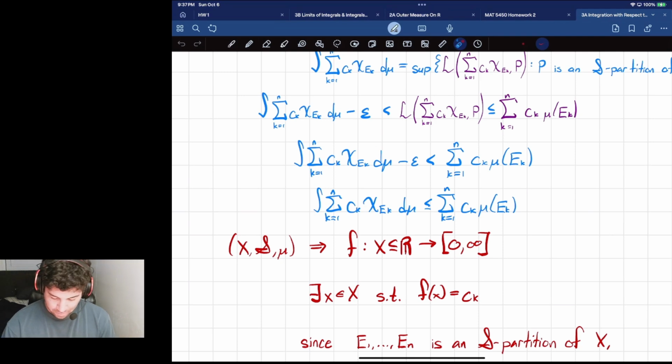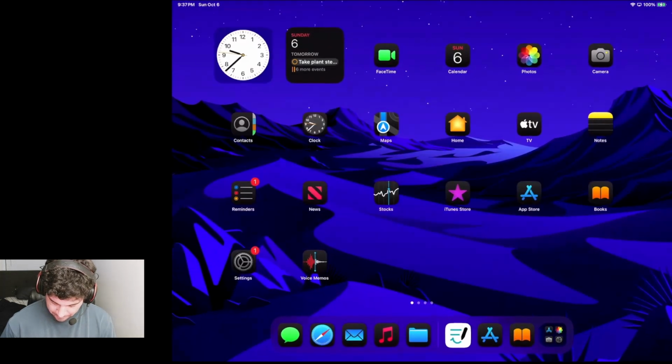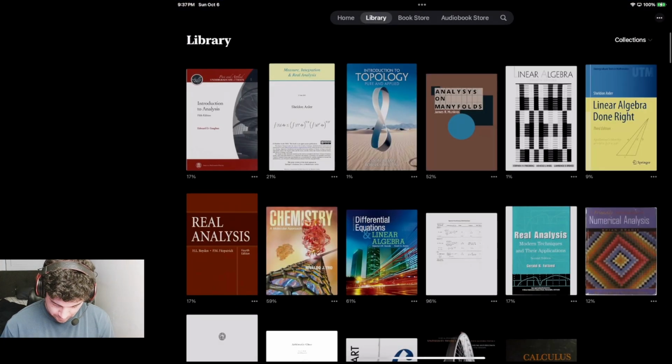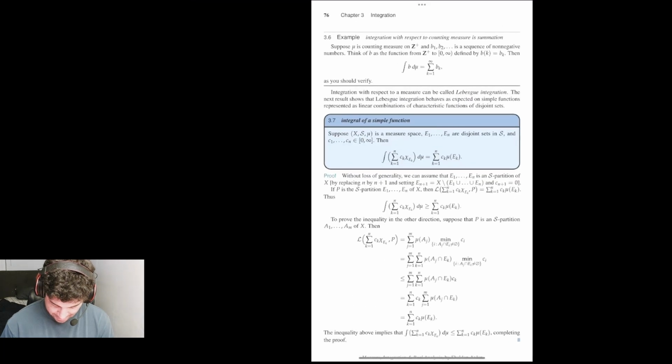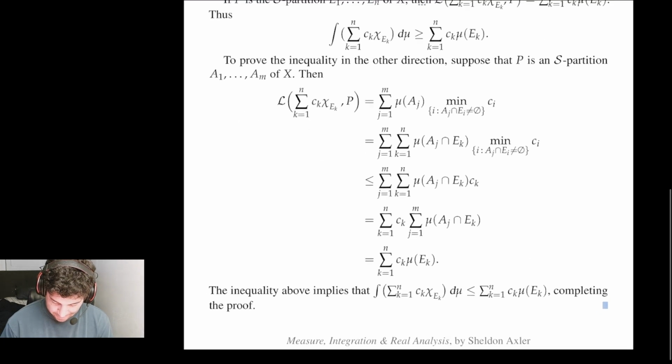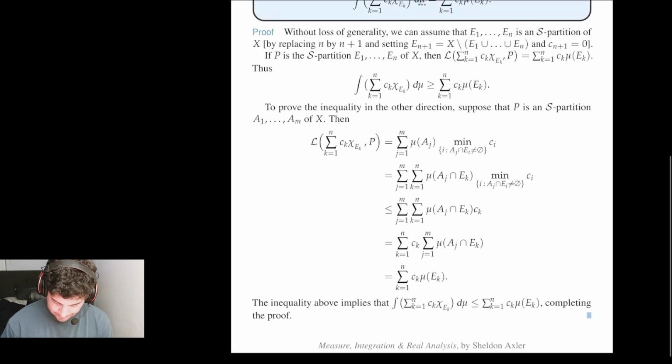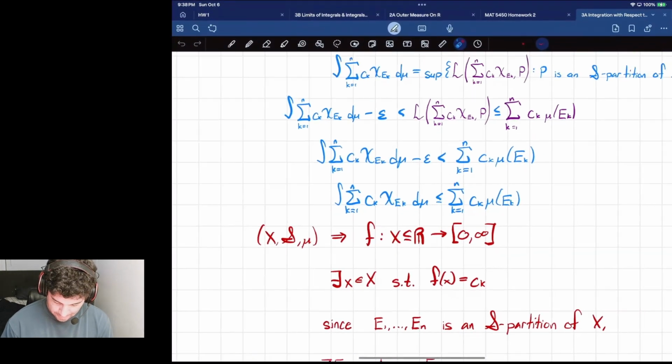But I think this concludes the proof. Let's see, where am I? Yeah, because once we get the inequality in the other direction, we prove equality. And I think this is fine.